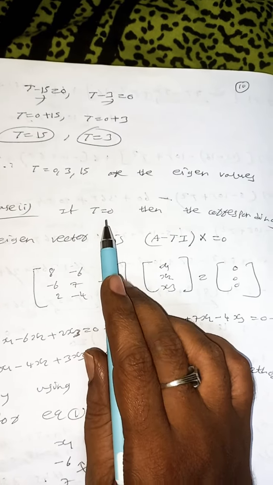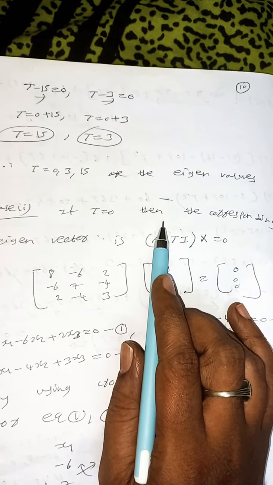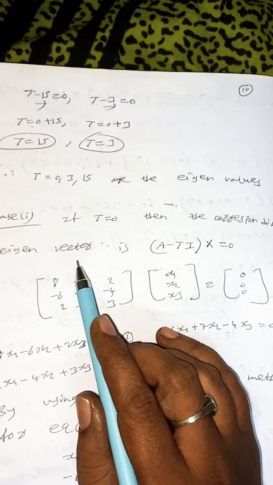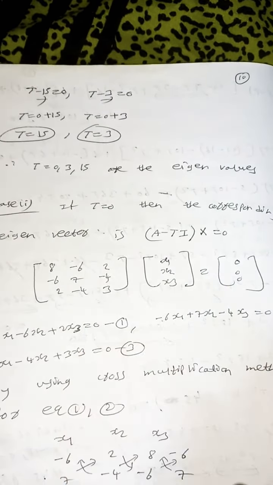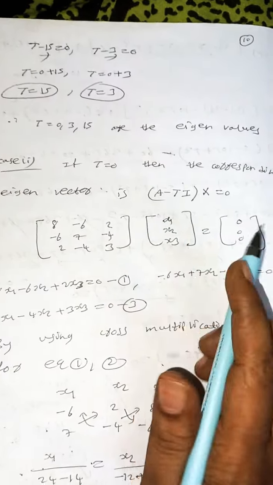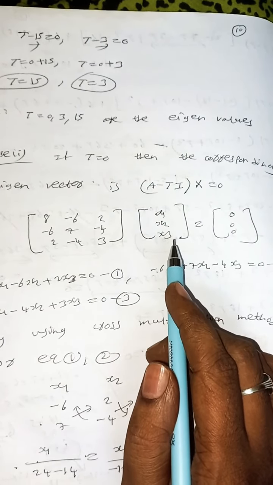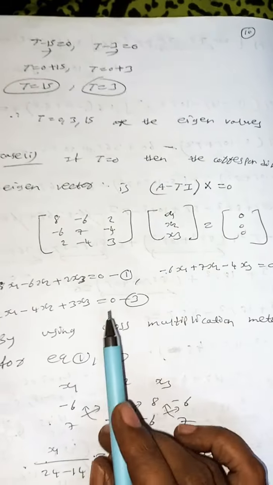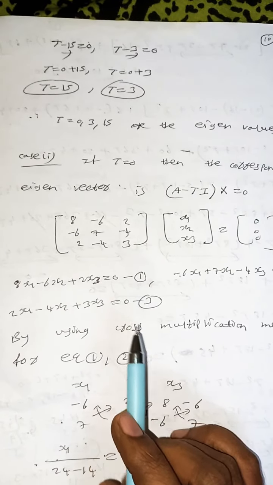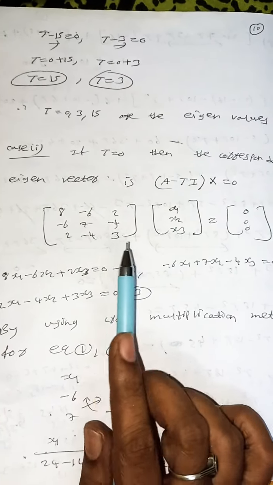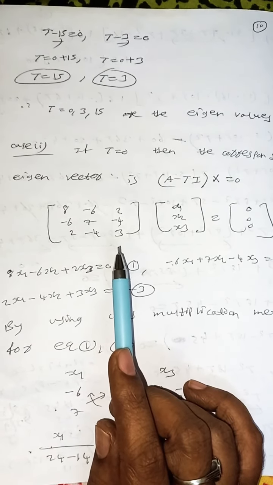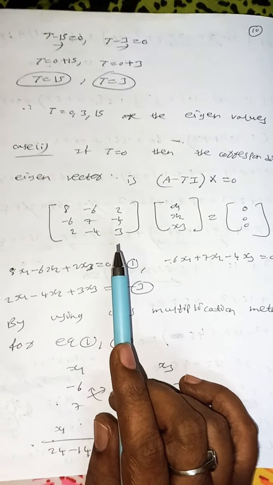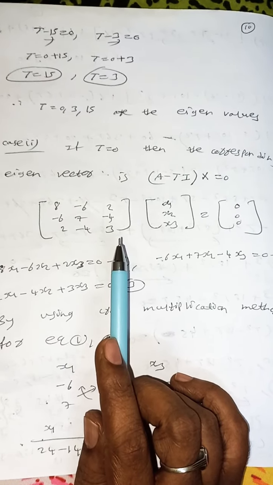Case 1: if lambda equals 0, then the corresponding eigenvector is given by (A minus lambda I) times X equals 0. That is this one only. X means x1, x2, x3, and here 0, 0, 0. You can solve these using echelon form, by using row operations, or by the cross multiplication method.